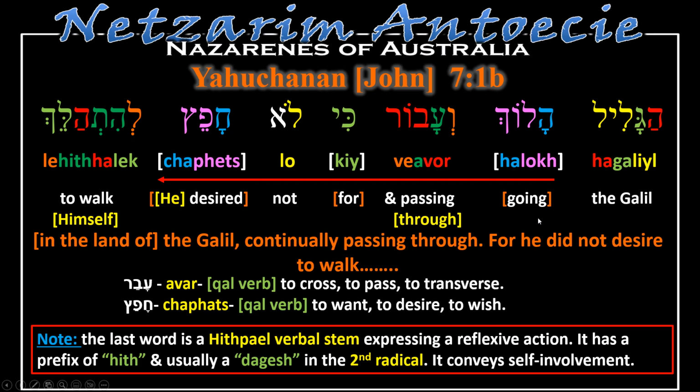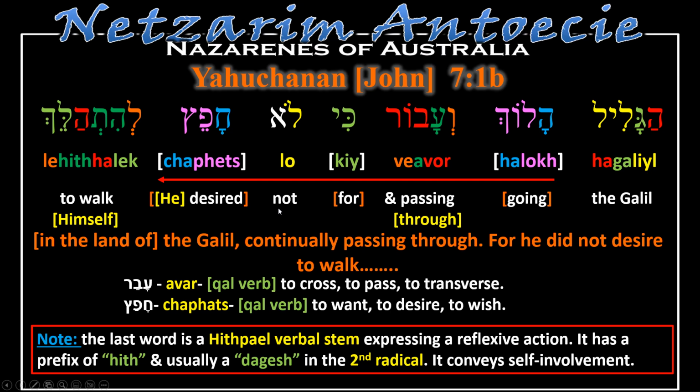Halok, going. Why is it going? Because with the cholam up there, we could say it's like a participle, so the land going, ve'avor, and passing, same sort of idea. It's a participle form, so it means and passing, and I've added through because the English often adds it, but literally and passing.